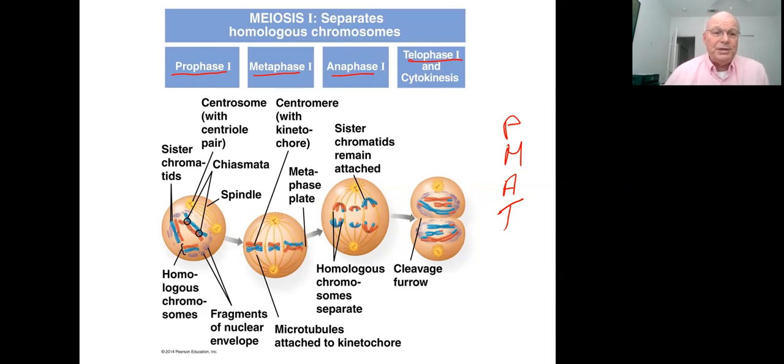The big difference is that rather than talking about the individual chromosomes, we simply substitute talking about the homologous pairs of chromosomes. Everything else pretty much remains the same. So if we think about prophase, and because we're doing PMAT rather than PPMAT, we can incorporate prophase and prometaphase here in terms of what sort of things are going on.